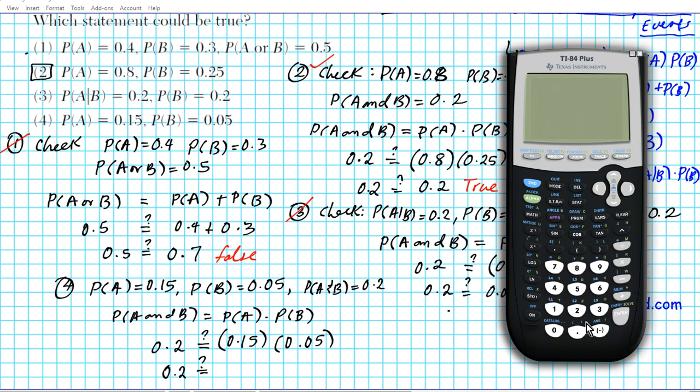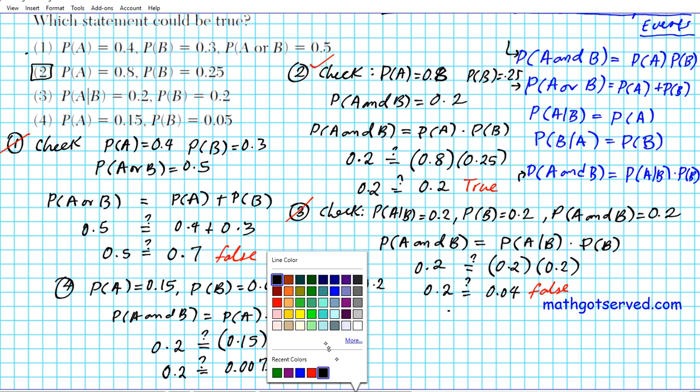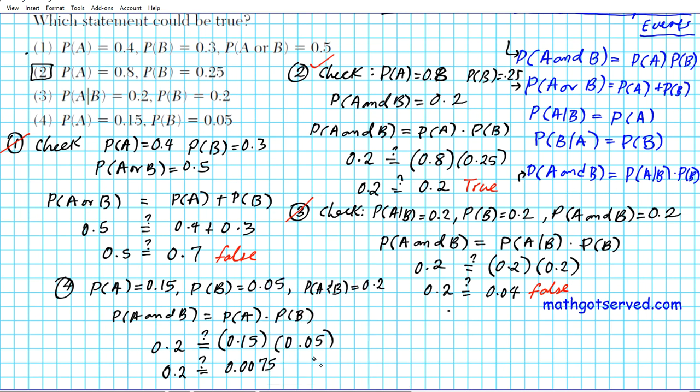So using your calculator, 0.15 times 0.05 is 0.0075. So is this statement true or false? The answer is false. This statement is false. So that clearly helps us to see that option number 4 is incorrect. So we know for a certainty that statement 2 is true.